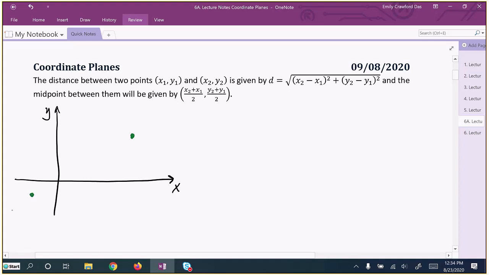So I say this one is x1, y1, and this one is x2, y2.